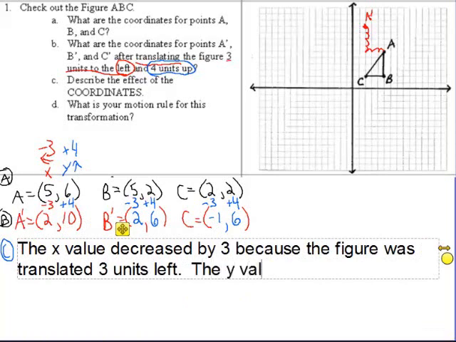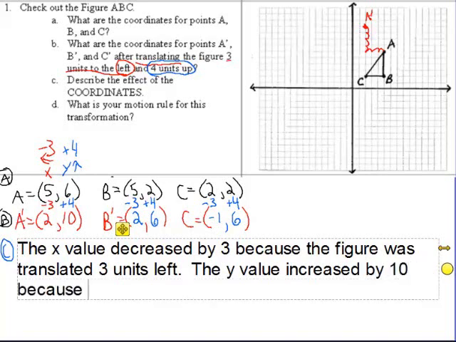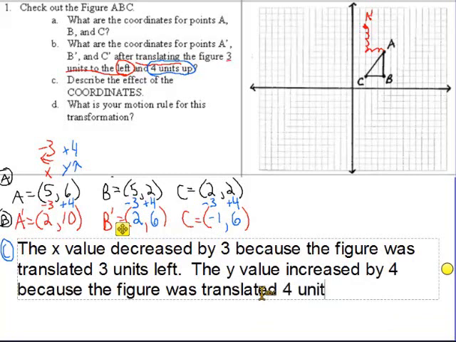The y value increased by 10 because the figure was translated 10. I'm sorry, it shouldn't be 10, it should be 4. Let me fix that. 4 because the figure was translated 4 units up. All right.